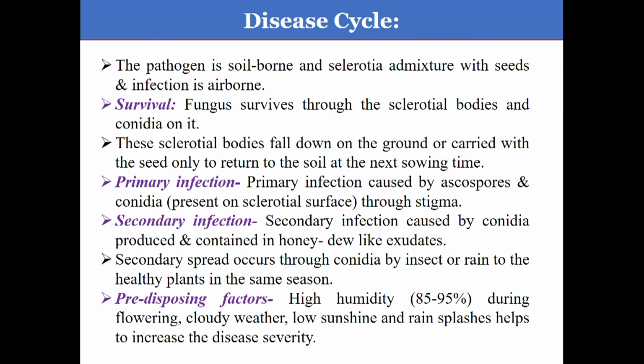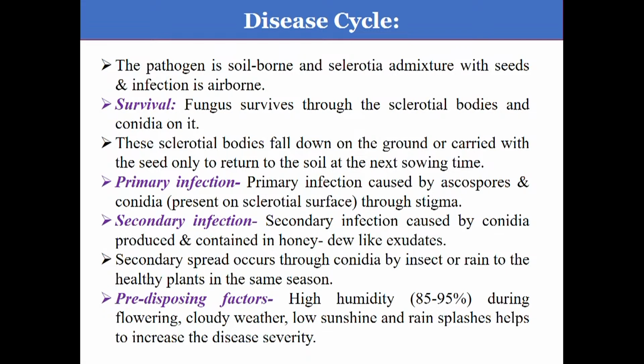The fungus survives through the sclerotial bodies and conidia on them. The previous year's infected crop debris falls on the ground, and the pathogen is also carried through seed. And when favorable conditions come the next year, the pathogens spread and germinate and cause the primary infection.